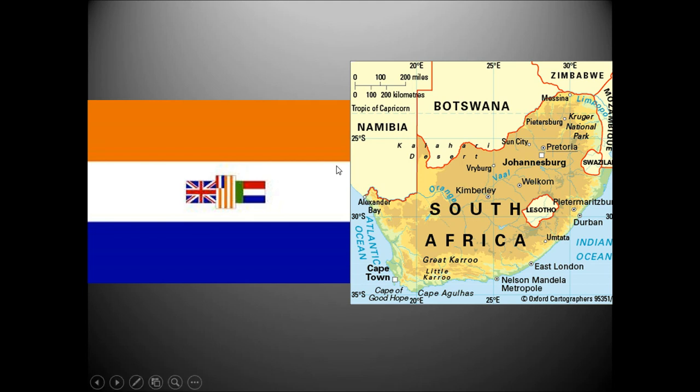So this map shows us the boundaries of the Dominion of South Africa as created, and then the original South African flag, which existed up until 1994. You can see how this flag incorporates the Dutch flag and Dutch national colors, the British flag, as well as the flags of some of these previous Boer republics.